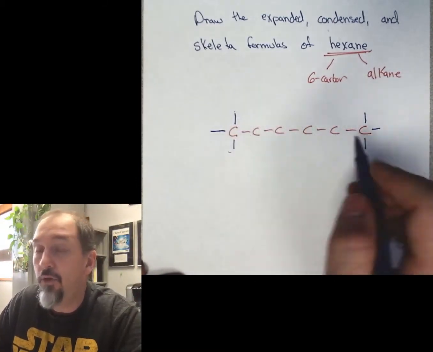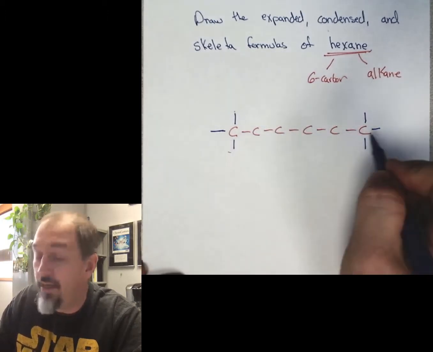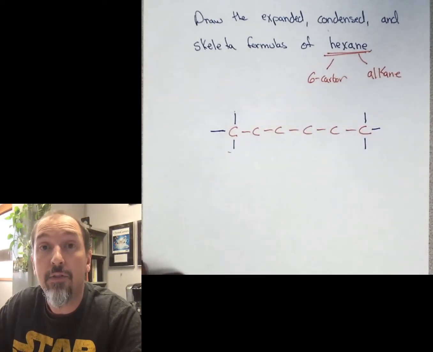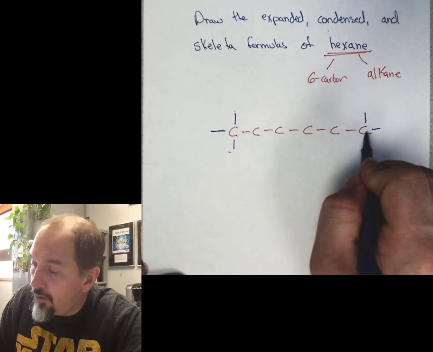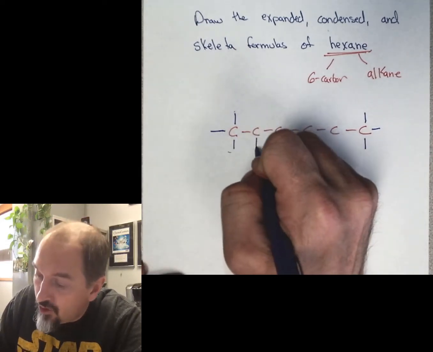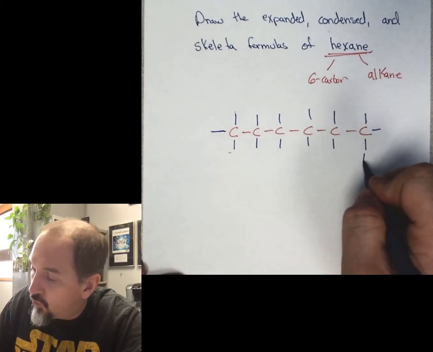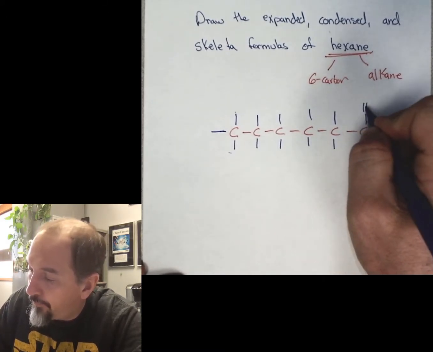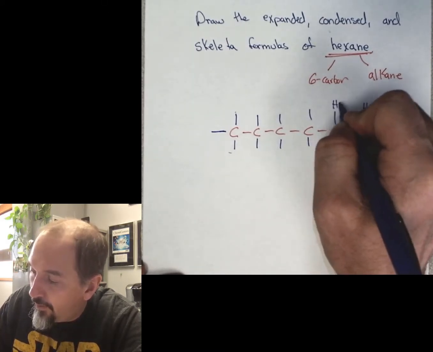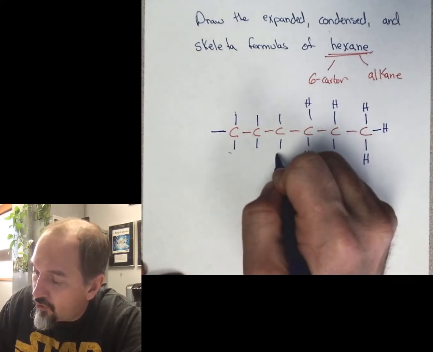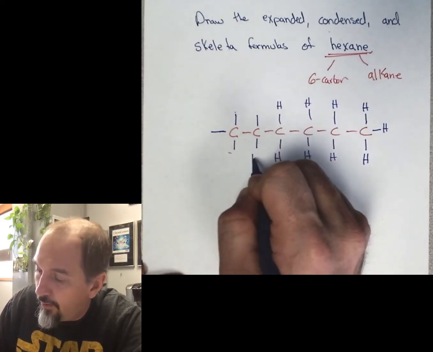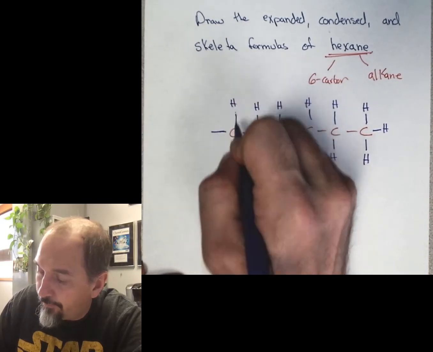Because now all of those 2 carbon atoms have 4 bonds. Every single carbon in the middle already has 2 bonds, so each one of these is going to get 2 more hydrogens. So we put that all in like that. So there is the correct structural formula of hexane.